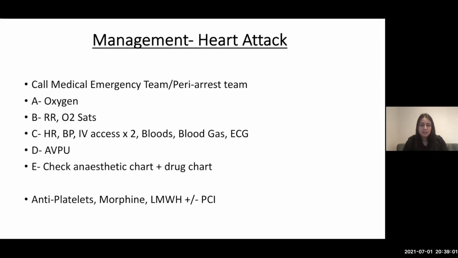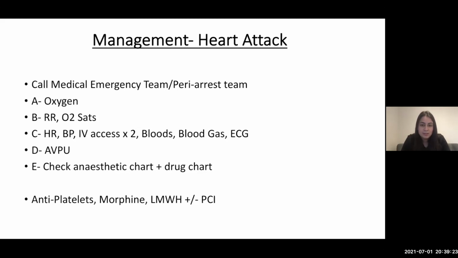ECG is the important one for the heart problem. So if you get that machine, sometimes it's not based on your ward, sometimes it's on the ward next door. So as quick as you can get that will save time. Again, checking the alertness of the patient, and check the anesthetic chart, because it could have been a drug they were given which has started this off.